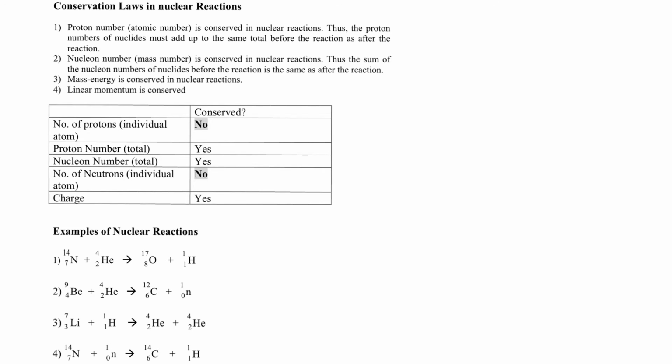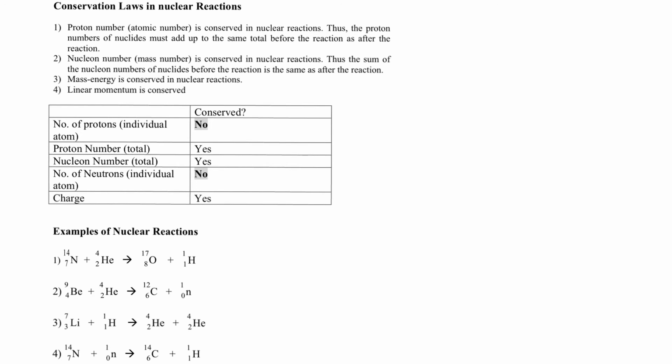Because using the same example of beta minus and beta plus decay, which is electron or positron decay, your number of protons and number of neutrons actually change. Like for example, in beta minus decay, one neutron will split to become a proton and an electron. So you have excess one proton, and your neutron will lose by one.